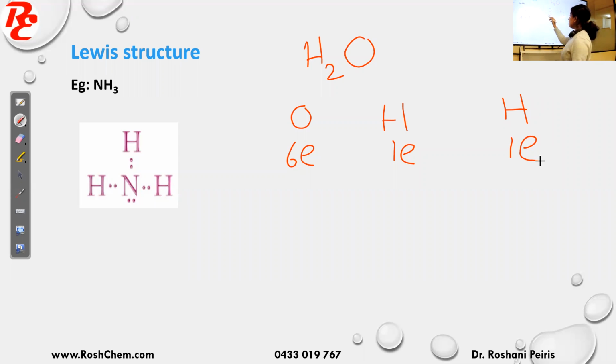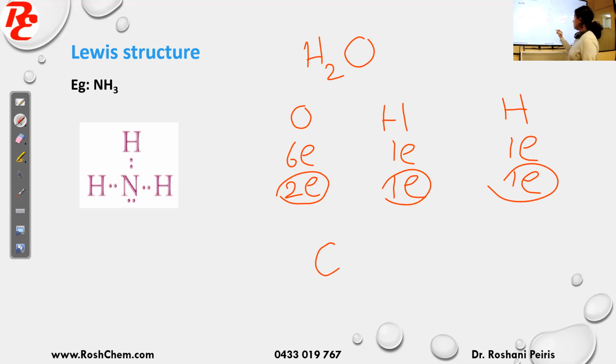To become stable, oxygen needs 2 more electrons and each hydrogen needs 1 electron. The number of electrons oxygen needs is the number it shares, so oxygen will share 2 electrons and hydrogens will share 1 electron each.